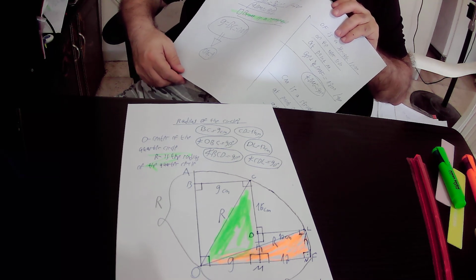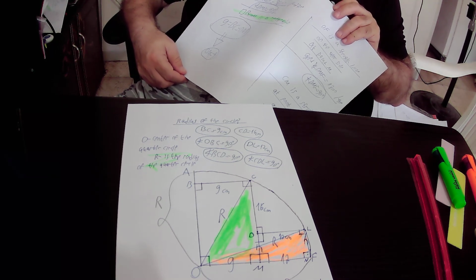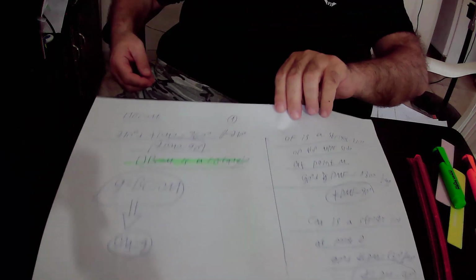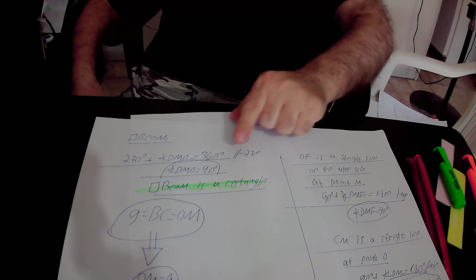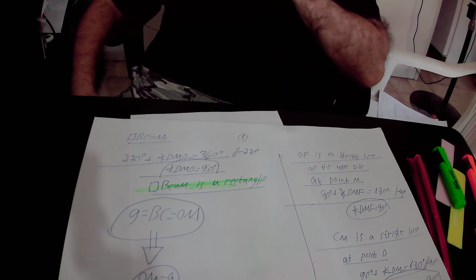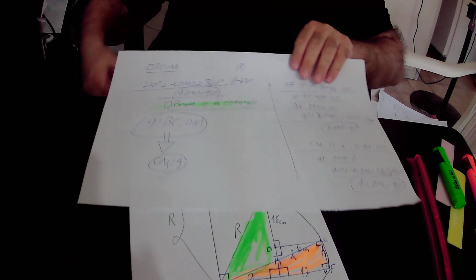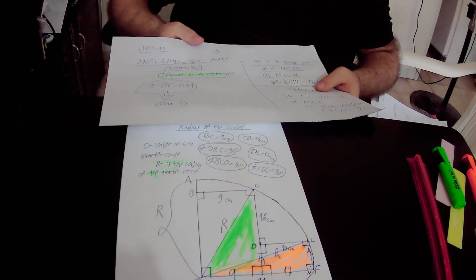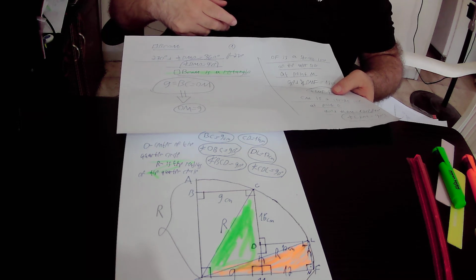And any quadrilateral that has 4 right angles must be at least a rectangle, if not a square. So we treat quadrilateral BCOM as a rectangle. And we also know that the opposite sides of a rectangle are equal to each other. So the opposite sides of rectangle BCOM are equal to each other.